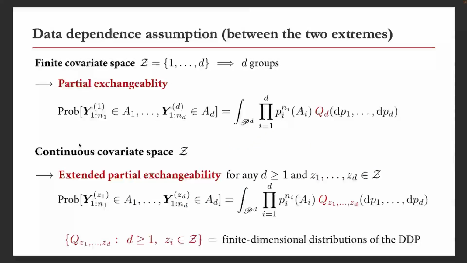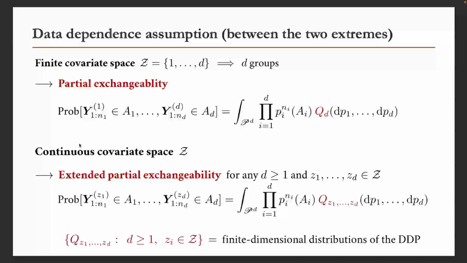What is the dependence assumption one makes in this case? The most natural one is the one that generalizes exchangeability, which can either be partial exchangeability, when we have a covariate taking a finite number of values, for instance from 1 to D, or an extended notion of partial exchangeability.